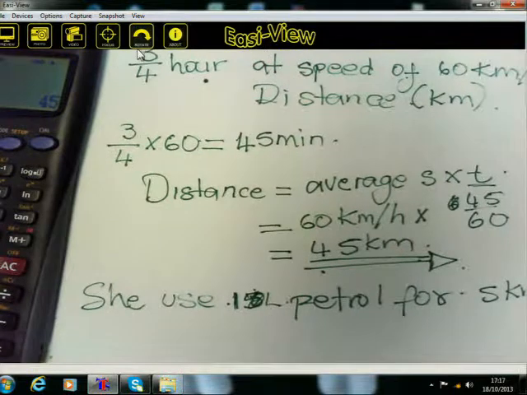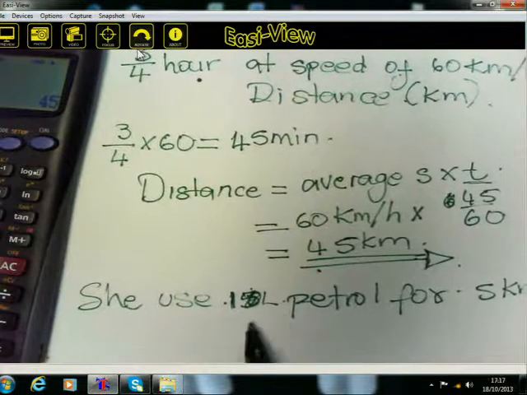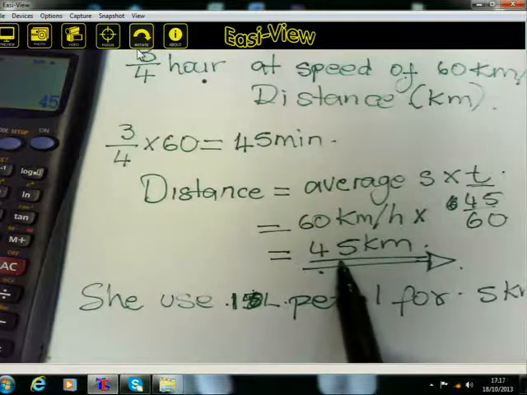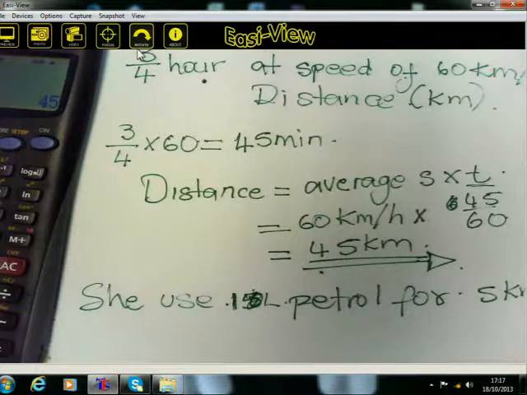Therefore now, how many liters of petrol does she use if she has traveled 45 kilometers?